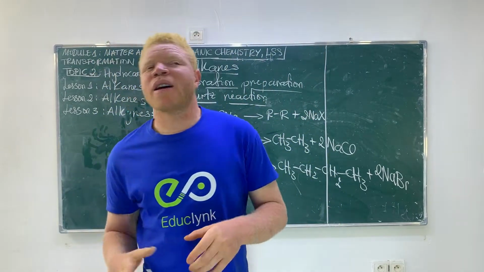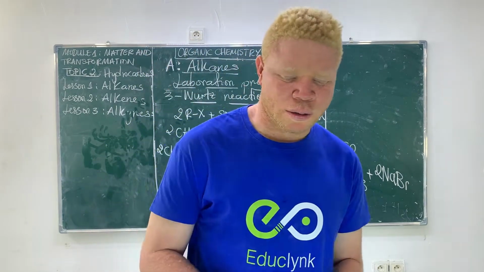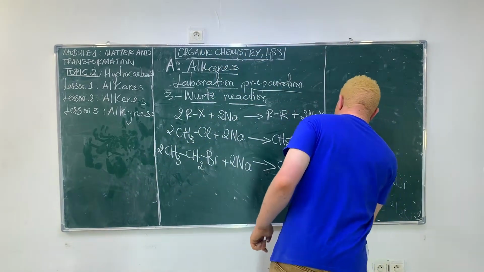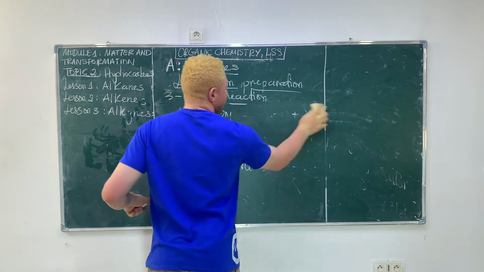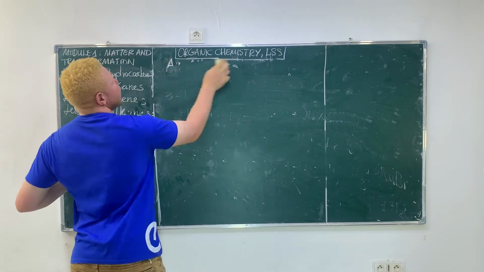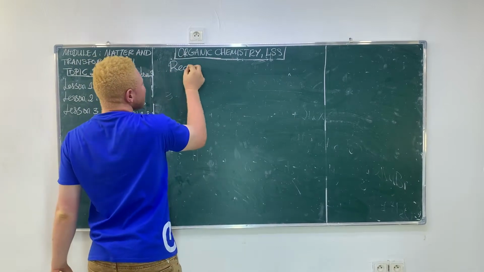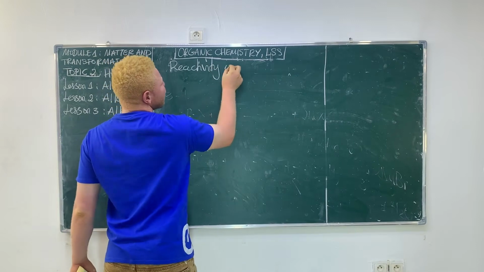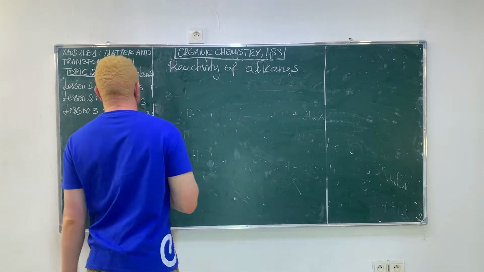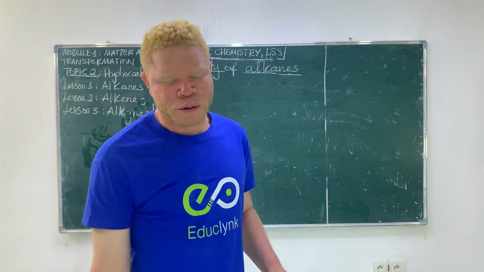You know, alkanes are saturated hydrocarbons. They mostly react via free radical substitution reaction. So let's take free radical substitution, or reactivity of alkanes. So again, free radical substitution reaction.